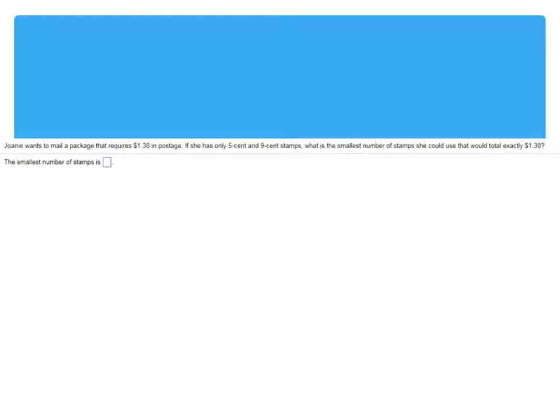So we've got a mail package that requires $1.38 in postage, and we only have 5-cent stamps and 9-cent stamps. And we want to know the smallest number of stamps that we could use to total exactly $1.38.